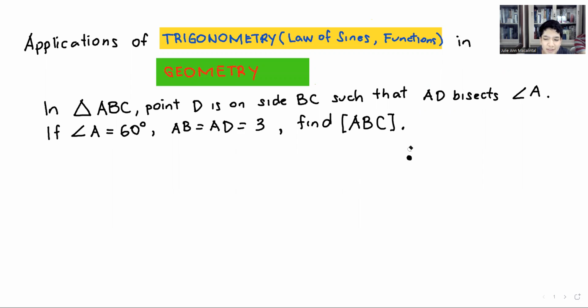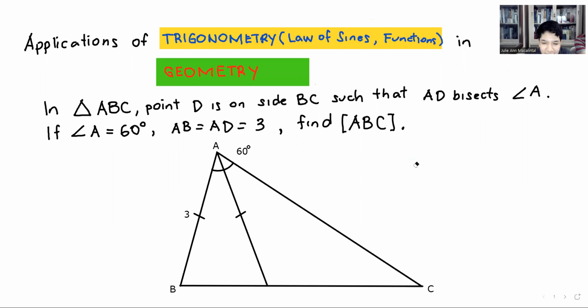Alright, so let's drop the curtains. I already made the prefabricated figure. As we can see here, I already listed down the 60 degrees. From the basics of angle bisection, I'll just invent a name now because it's not given in the problem.